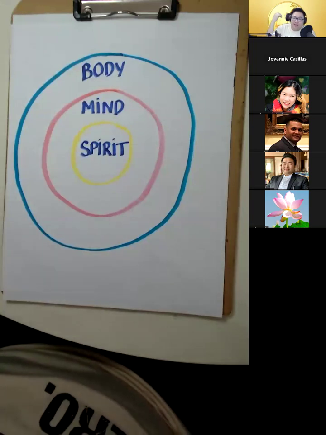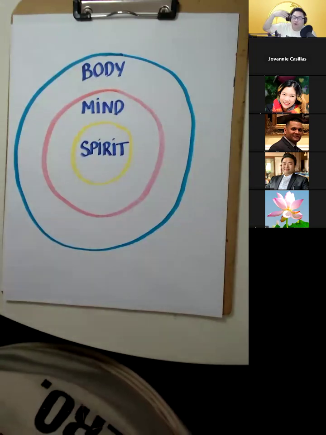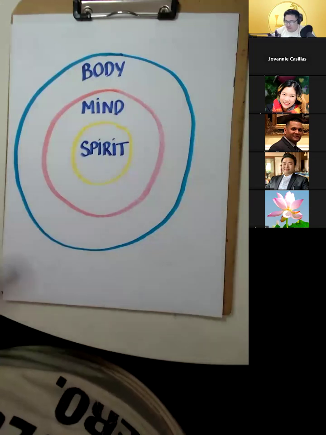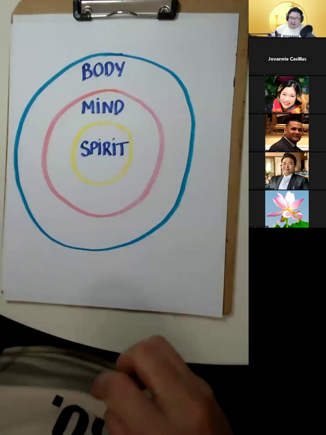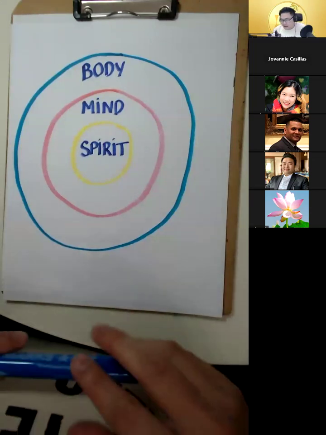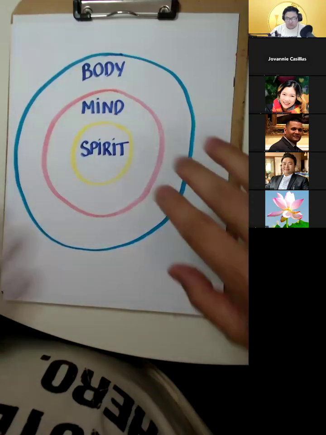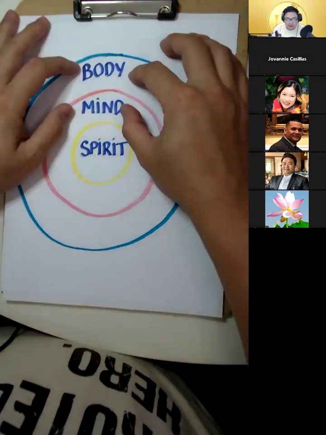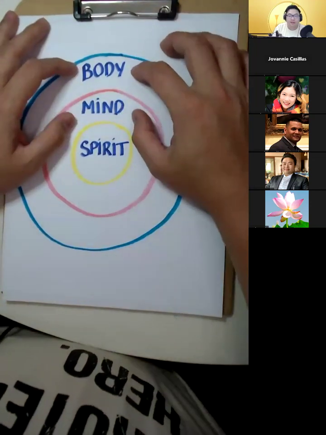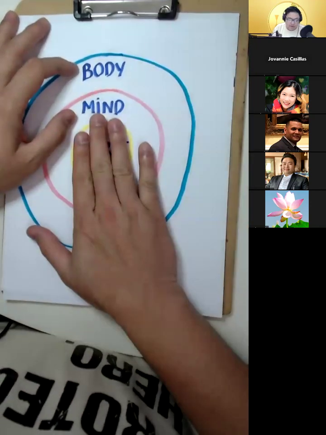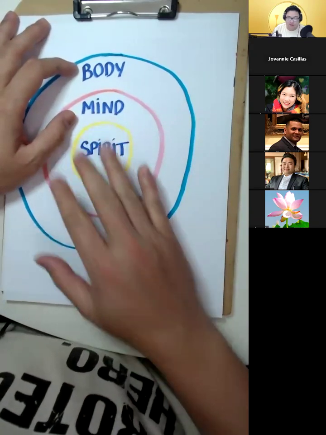As in, I only believe what I see. I only believe when I see it. And I love learning. So most of my time, I would try to connect the body with the mind. There is absolutely no concern of the spirit.